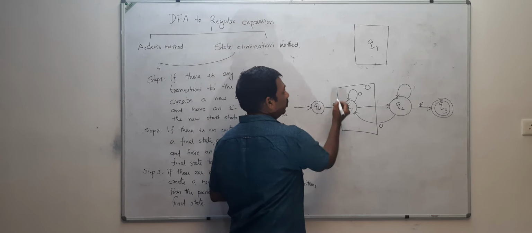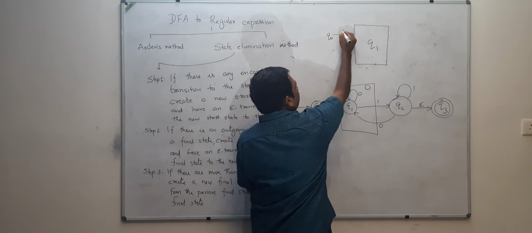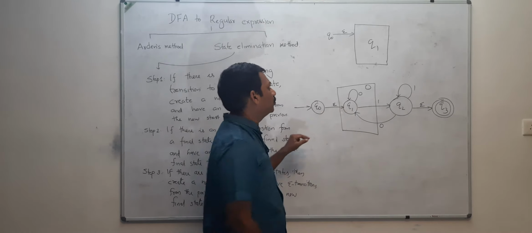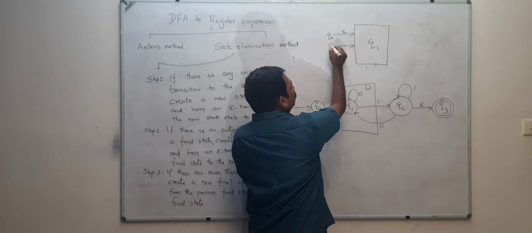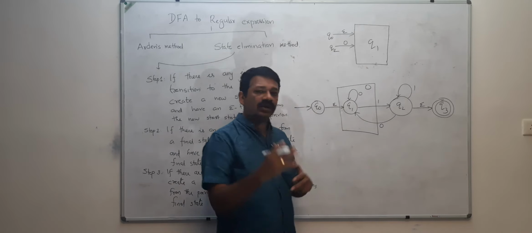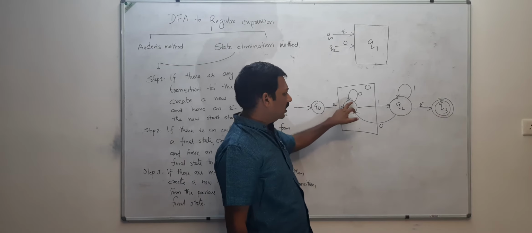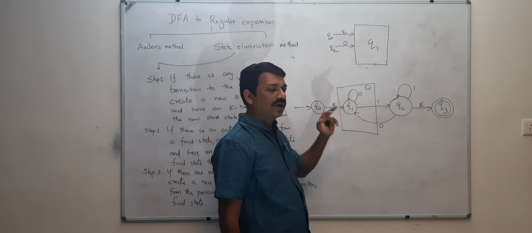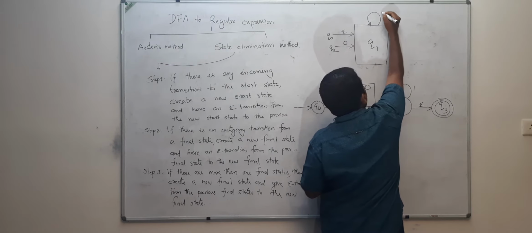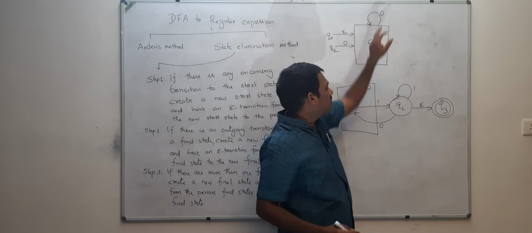From Q0 there is an incoming transition labeled epsilon, and from Q2 you have another transition to Q1, labeled 0. These are the two incoming transitions to Q1. And the self loop from Q1 to Q1, that we are going to treat like this, is labeled 0.